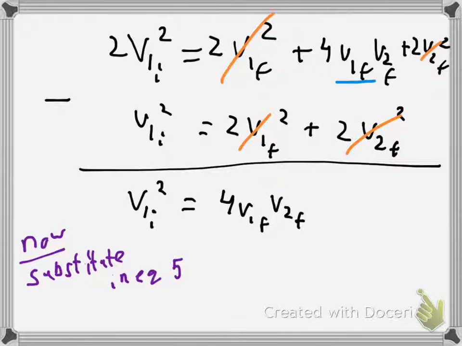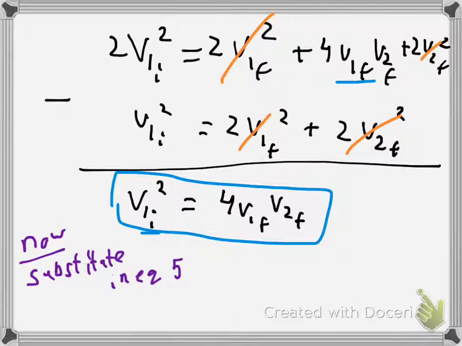And you'll see that when we subtract, we're left with just V1 initial squared. The V1F squareds and the V2F squareds will be canceled out. So now we can use this as a substitution. We know V1 initial squared is equal to 4 V1F V2F.